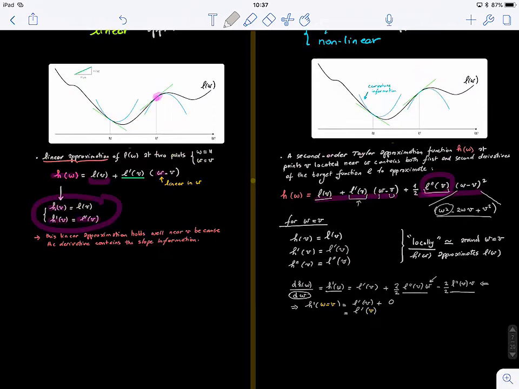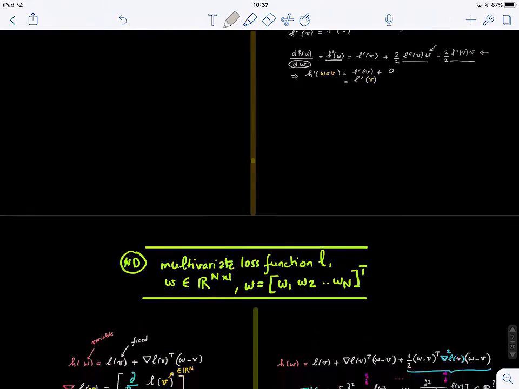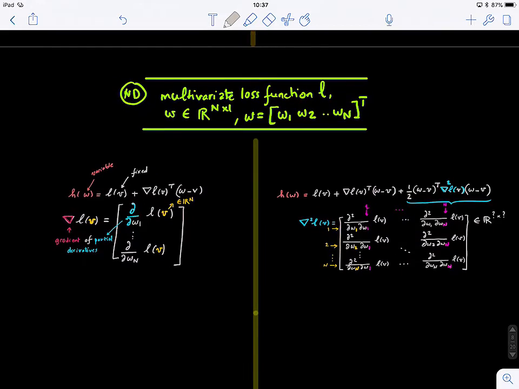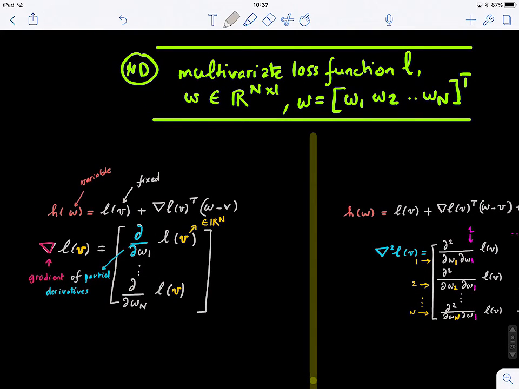Great. Now this is in 1D. Have you guys seen high dimensional space? What happens? The gradient and the Hessian. So now we're generalizing this concept to a high dimensional space where our loss function depends on many variables. So the usual case is just a scalar, but here we have our W belonging to R^n.